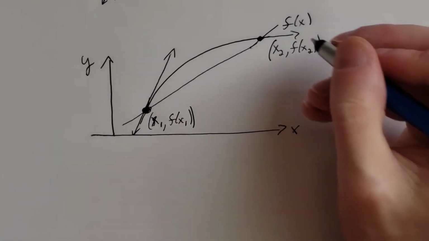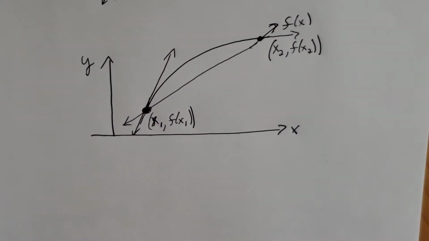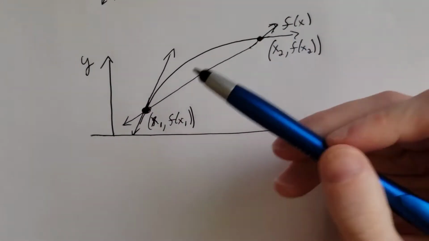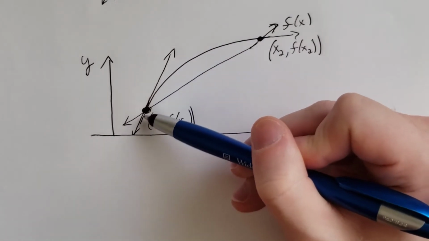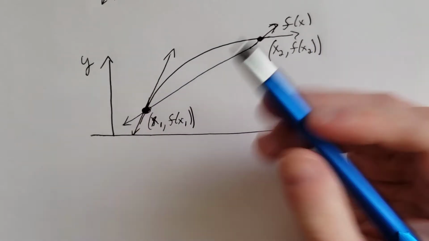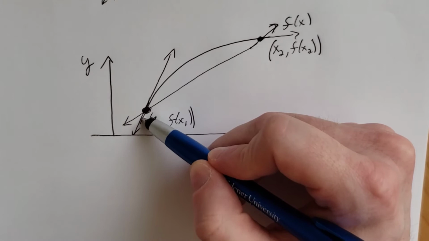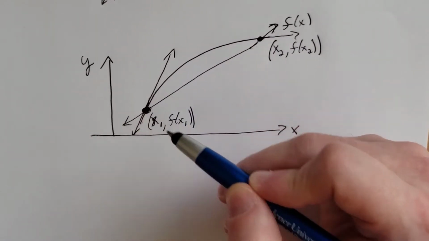And now what we notice is we're trying to find the slope of this tangent line, which represents a rate of change or an instantaneous slope of your curve f of x at that given point.